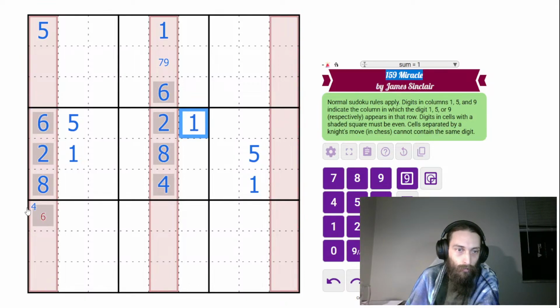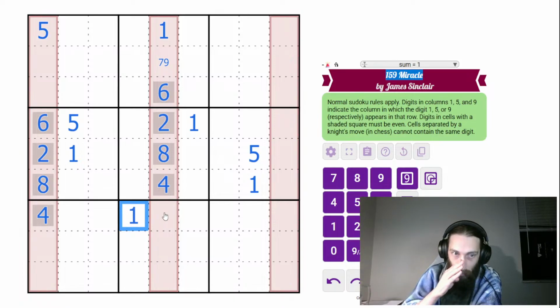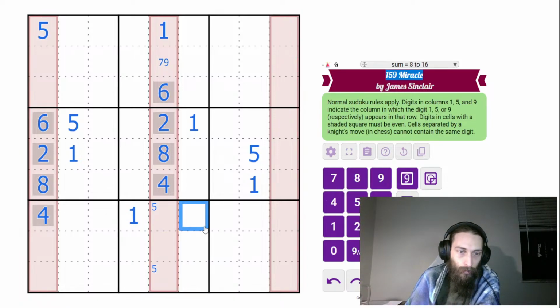Places of 1, 4 places of 1. Still have 5 like that. Six places of 5.